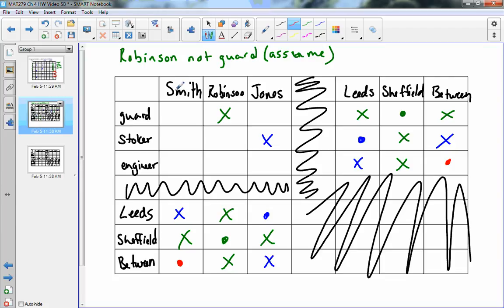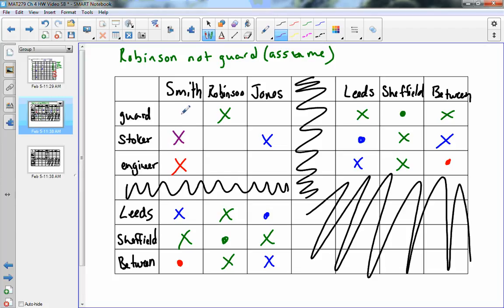I apologize, I skipped. If we're making those same assumptions, then Smith cannot be the engineer because they said Smith and the engineer live halfway between Leeds and Sheffield, and because of that wording, we're assuming they're not the same person. Then last but not least, they tell us the railwayman Smith beats the stoker at billiards. So that tells us that Smith is not the stoker.